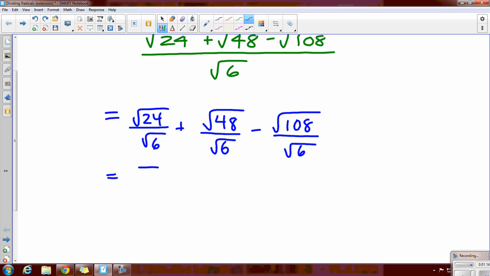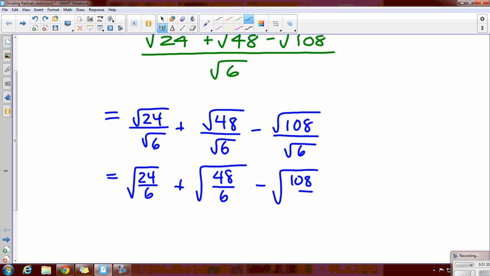If I showed the work of what's actually going on, this first term is the square root of 24 divided by the root of 6. The next one is the root of 48 divided by the root of 6. And the last one, the square root of 108 divided by the root of 6. Remember, these signs in the middle just keep following down to help us.